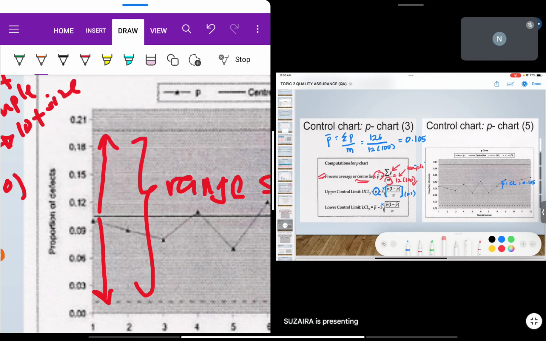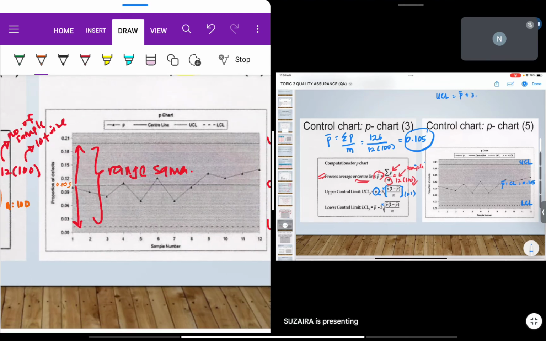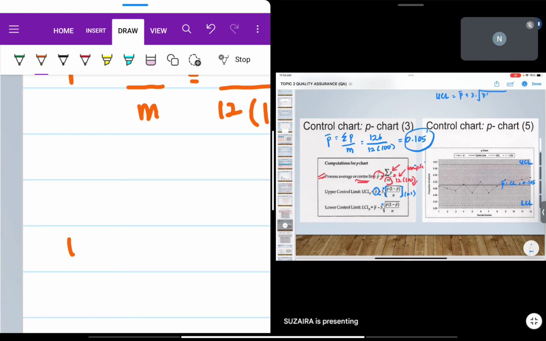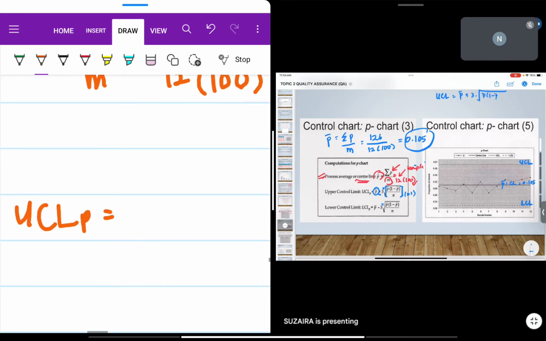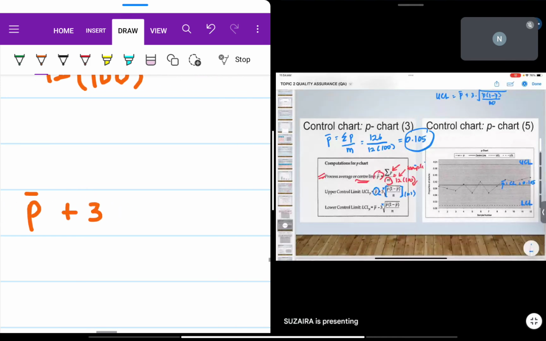So now what you need to do is, once you already have the P bar, we want to calculate the UCL and also the LCL. Okay, so you already have the number 0.105. What you need to do now is to calculate the UCL, which is equal to P bar plus 3 times the square root of P bar times, this one, divided by N. N is 100.